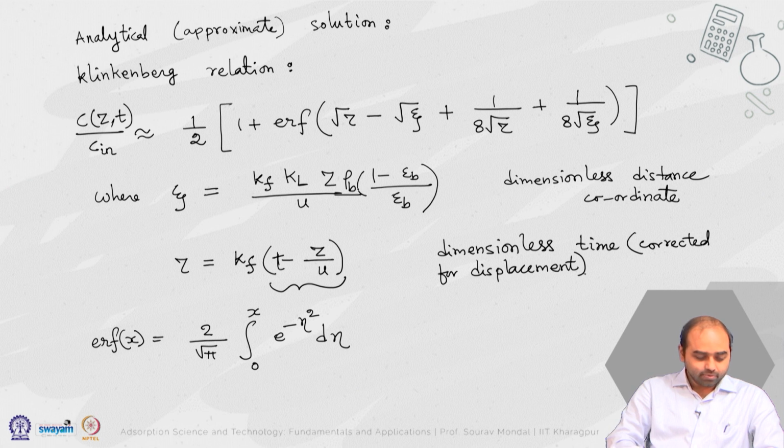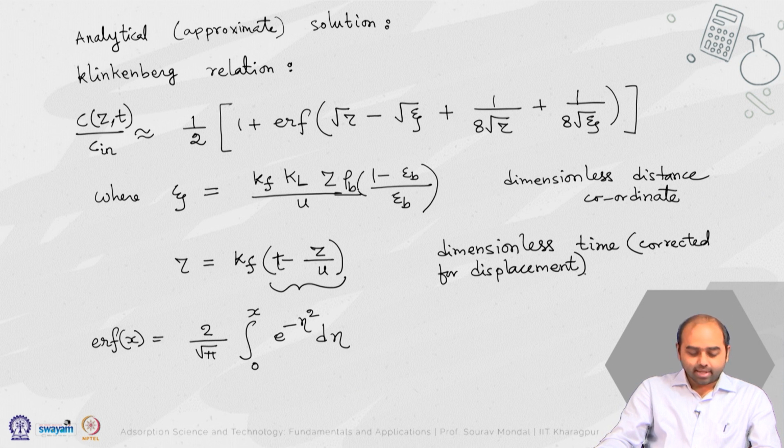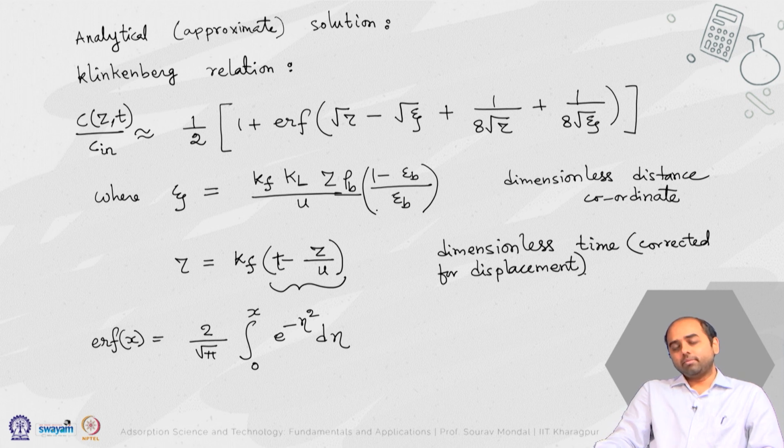A complete solution of that equation in terms of the Bessel function for heating etc. is also provided by Anzelius, but these are highly complicated techniques, and that is something we would not be focusing too much on in this course. But I wanted to give you an idea about the Klinkenberg relation, an approximate relation that is useful to work out the nature of the solution profile for the non-ideal situation.